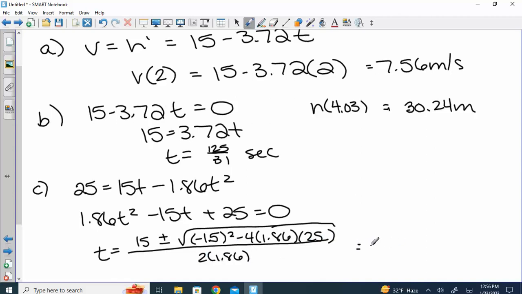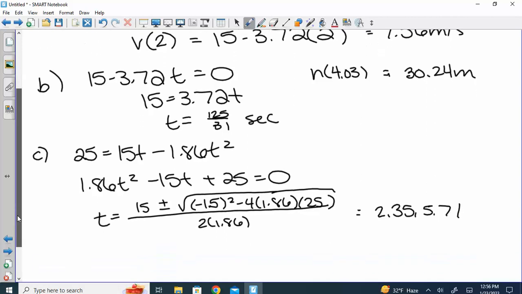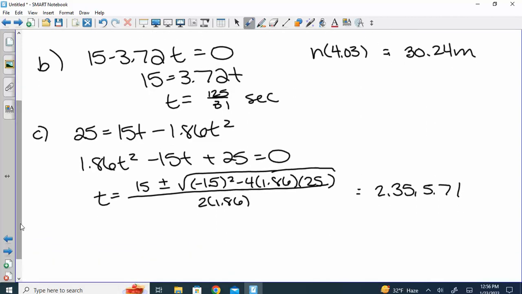And then can I just tell you what you get when you put that in your calculator for the sake of time? Okay, so I get my times. Then what did I ask you to find? The velocity. So you have to take those and plug them into the velocity equation, or the first derivative.